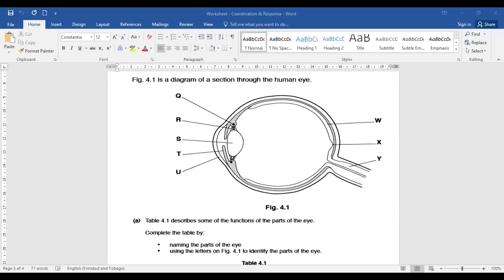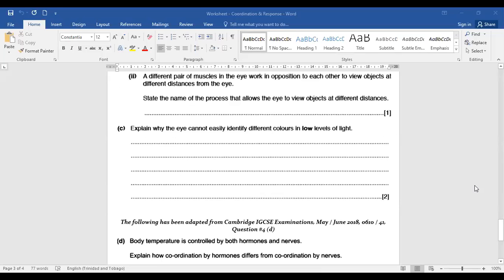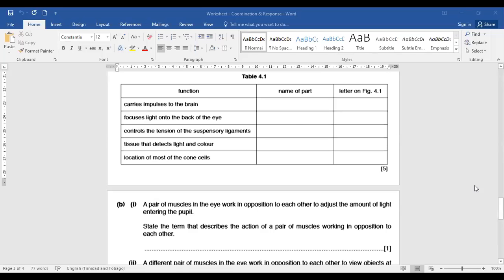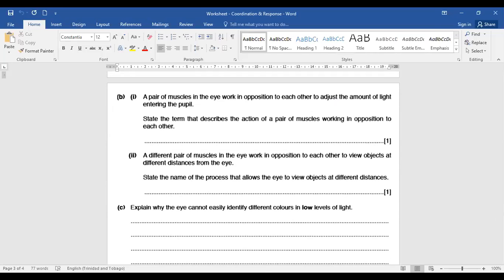All right. Okay, now the next one would have probably required a little bit of research, but I hope you all understand the answer. So they want to know what you call a pair of muscles in the eye that work in opposition to each other to adjust the amount of light that enters the pupil.